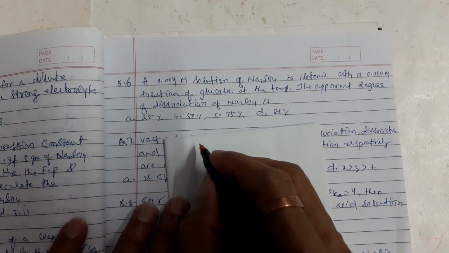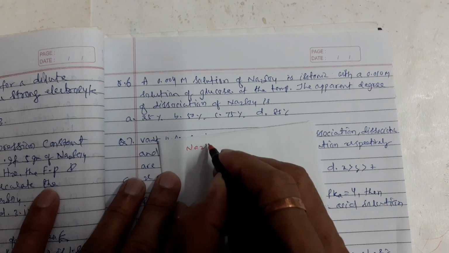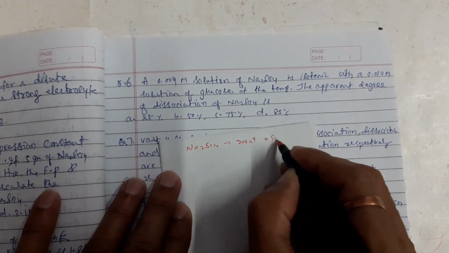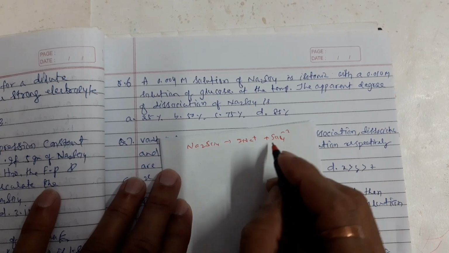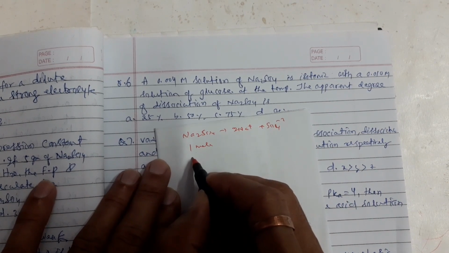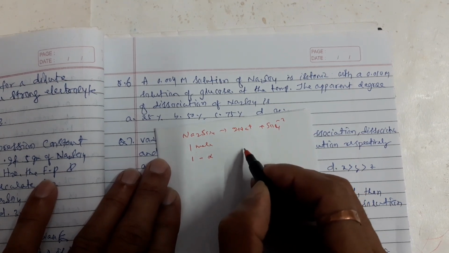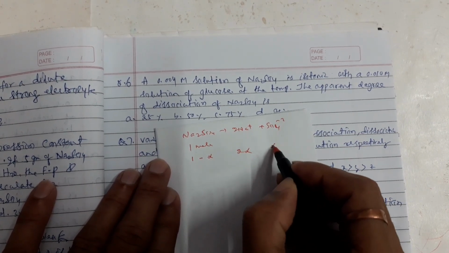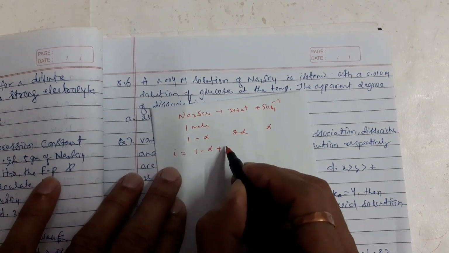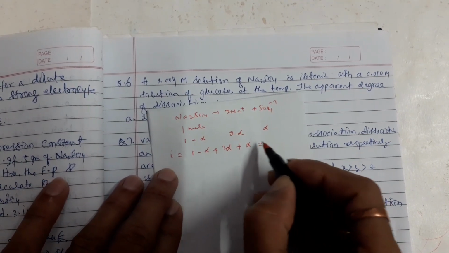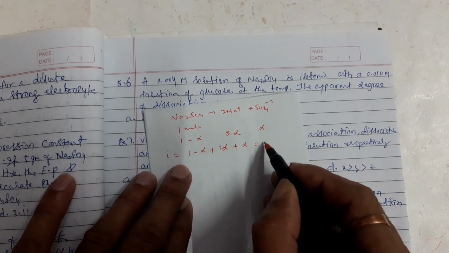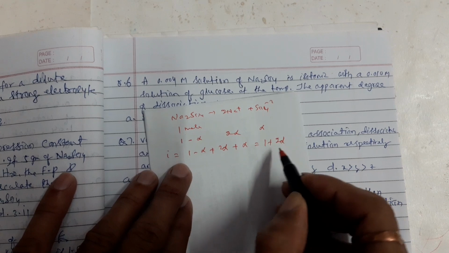Okay. So next, what to do? As sodium sulfate dissociates to 2Na plus and SO4 minus 2, then what will happen? Let us take it is 1 mole initially. After some time 1 minus alpha, and it is changed to 2 alpha, and it is alpha. Okay. So i is equal to 1 minus alpha plus 2 alpha plus alpha. So total i, how much? Alpha cancels and you will get 1 plus 2 alpha.